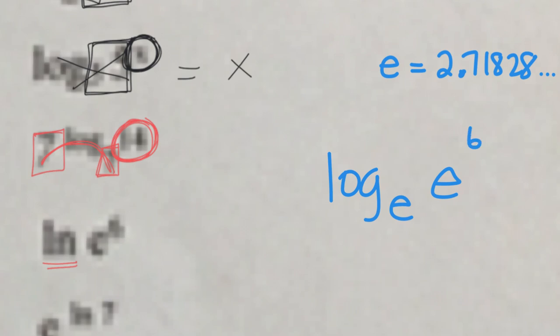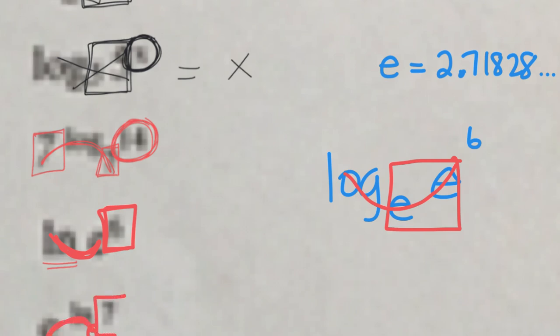Log base e, we have the same bases. So all that stuff cancels out, and your answer is just 6. So natural log and e, those are the same bases. e is a number, natural log is log base e. So same thing here, this is log base e, so the e's cancel out, and your answer is just 7.